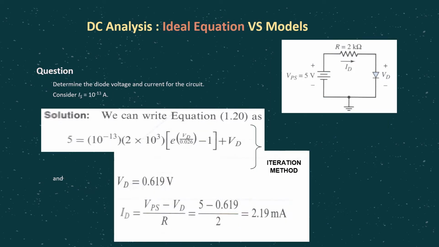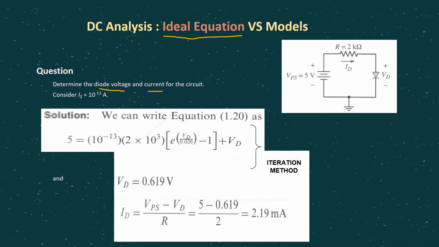Now let's have a look at solving this DC analysis, the same circuit we saw just now, using the ideal diode equation. Let's say we are supposed to find the diode voltage, which is VD, and the diode current, which is ID. The IS value is given. Remember just now from the KVL equation, VPS equals IDR plus VD.